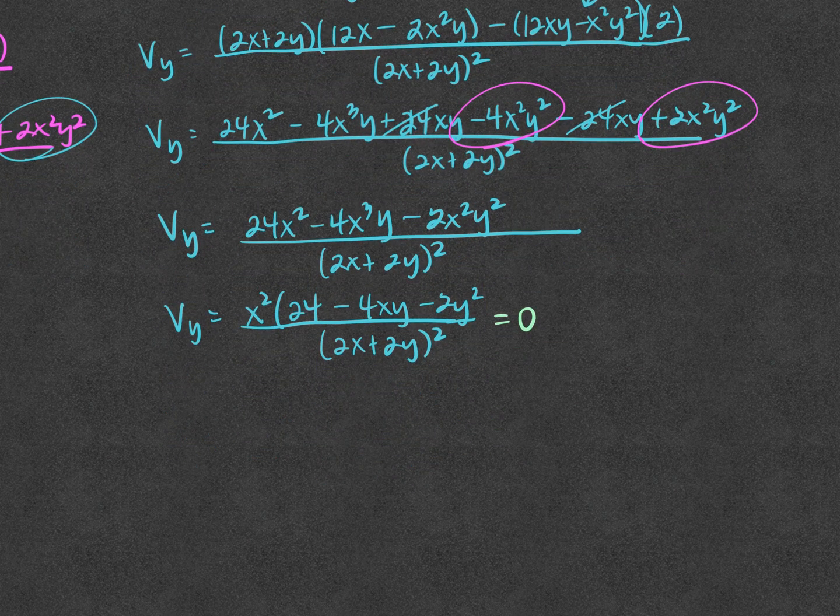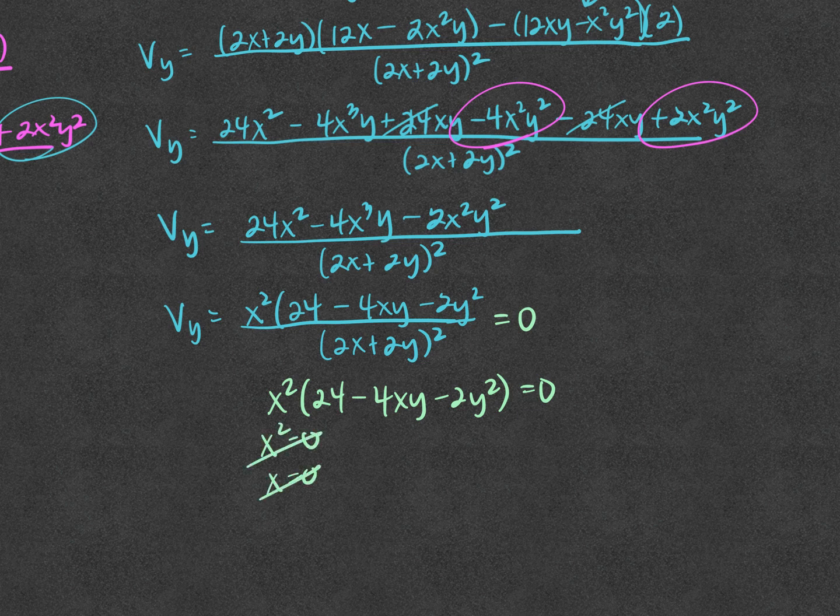And again, if we cross multiply, we end up with the numerator. So x squared times 24 minus 4xy minus 2y squared equals 0. So then x squared equals 0. Again, this gives you x equals 0, which is a volume of 0. Not helpful. So we have 24 minus 4xy minus 2y squared equals 0.